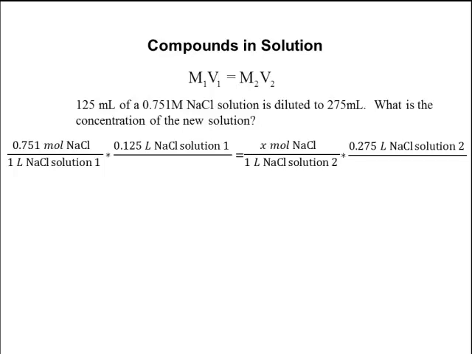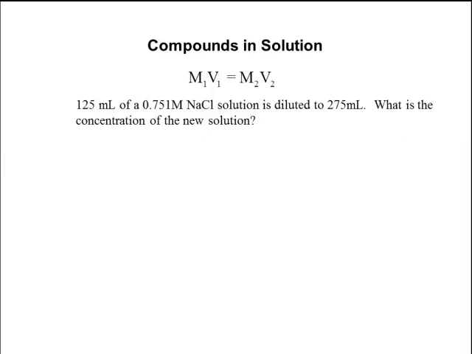Well, that's where I don't know the molarity, so I'm trying to determine what M2 is. So, plug those in, solve for x, I get 0.341 moles of sodium chloride per 1 liter of sodium chloride solution 2, or 0.341 molar sodium chloride solution. I went from 0.751 molar to 0.341 molar. I diluted it. I got a lower concentration.